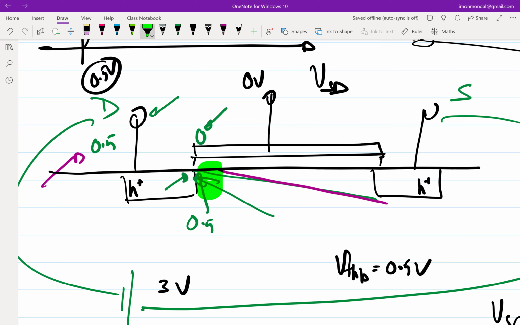The fact that it is a conductor in the channel was because we had mobile charges. If we get rid of the mobile charges, then that region becomes highly resistive. So whatever increment of drain to source voltage or source to drain voltage we apply, the extra voltage will essentially drop across that sliver where you don't have any mobile charges. It is almost equivalent to saying this is what is happening, right?